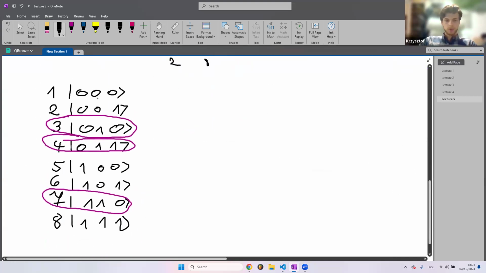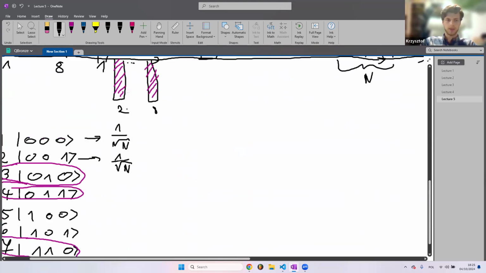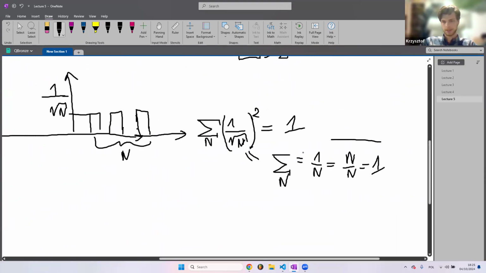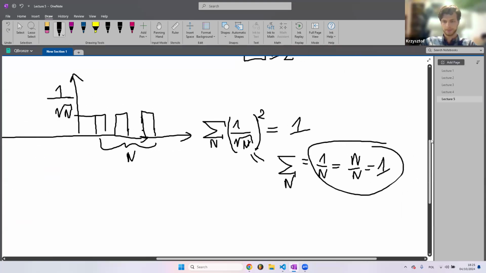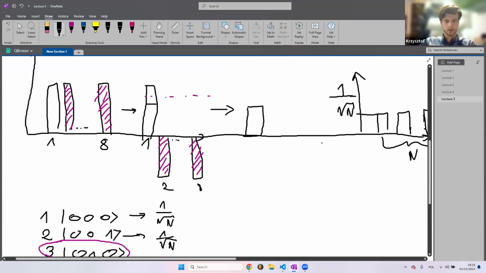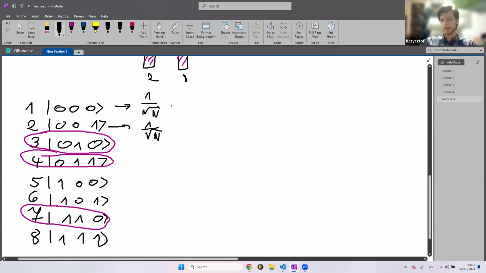So now to prepare our game in the quantum regime, all of those elements have to have an amplitude of 1 over square root of n, because we have to preserve the length of this quantum state. Therefore, to achieve this, we can apply in our quantum circuit representation, right?